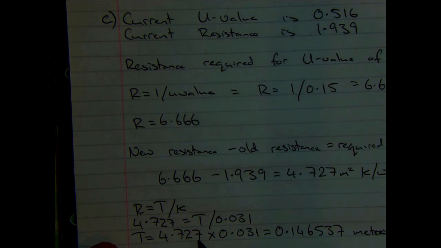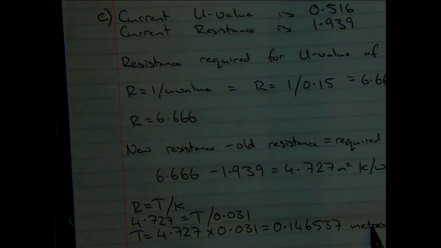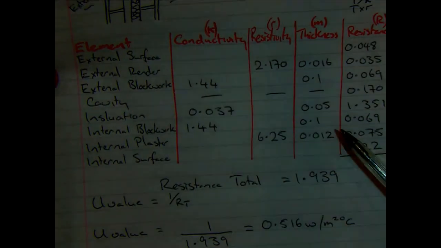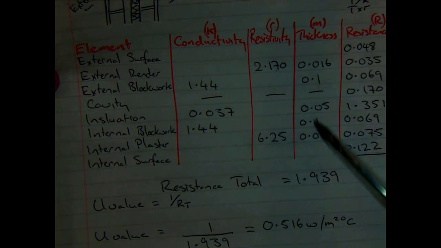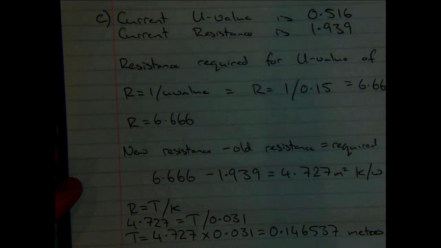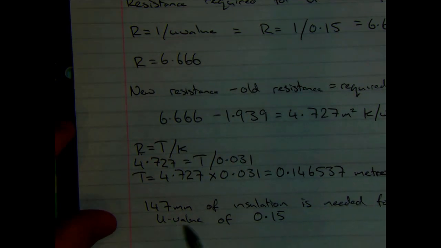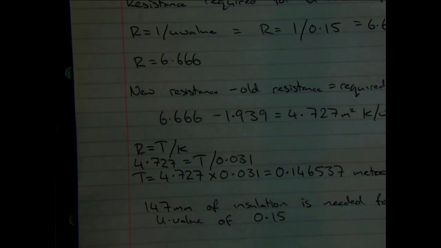So the thickness is 4.727 multiplied by 0.031, which is 0.146537 meters. Remember, it's going to be meters because all of our calculations, we have to convert everything to meters. So you can either leave it in meters or say it's 147 millimeters. That's needed for a U value of 0.15.